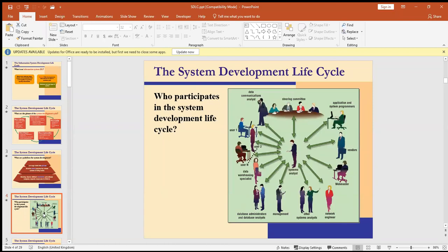Then among the different stakeholders or participants in information system development are the users. So when we talk about users, these are the people that are going to sit on the computers and use the solution that we have come up with.